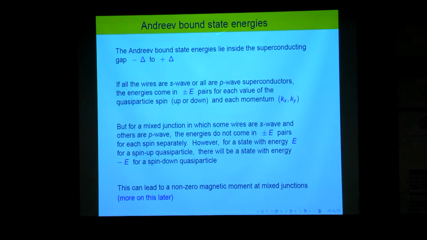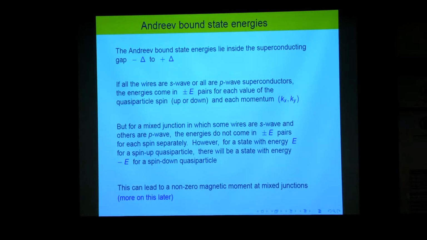Here are a few facts about the bound state energies. First of all, they lie within the superconducting gap, minus delta to plus delta. If all the wires are S wave or all of them are P wave superconductors, the energies come in plus minus E pairs for each value of the spin and momentum. But you can consider a mixed junction in which some wires are S wave and others are P wave, then they don't come in plus minus E pairs.